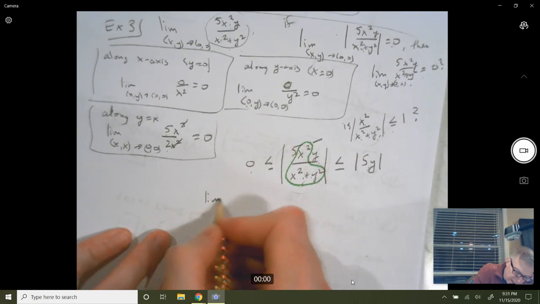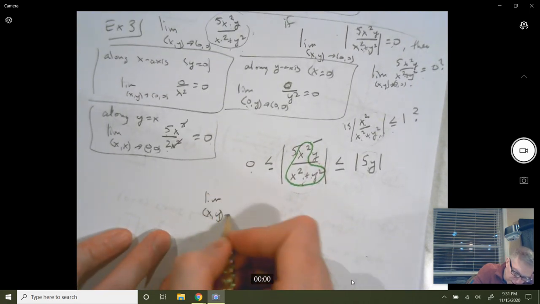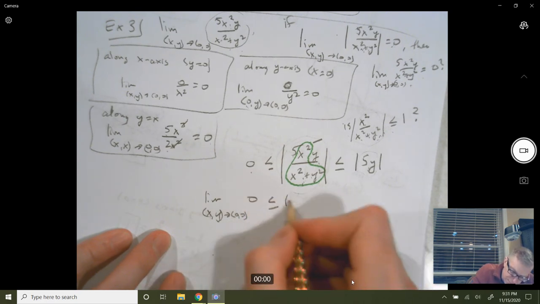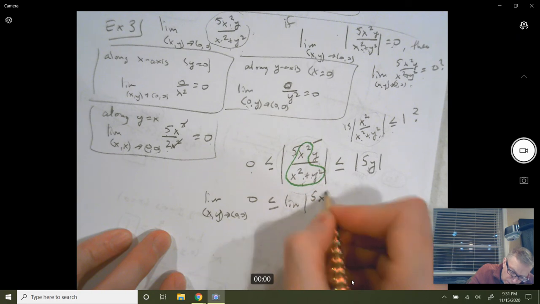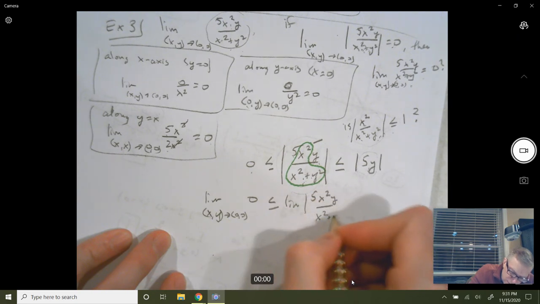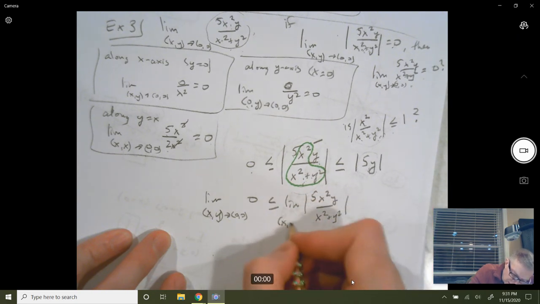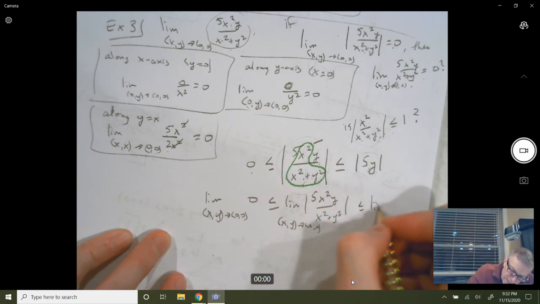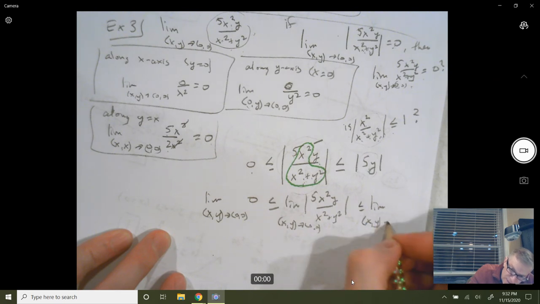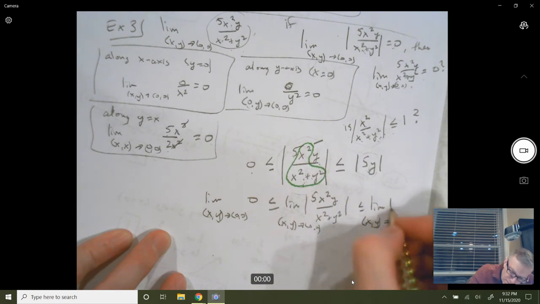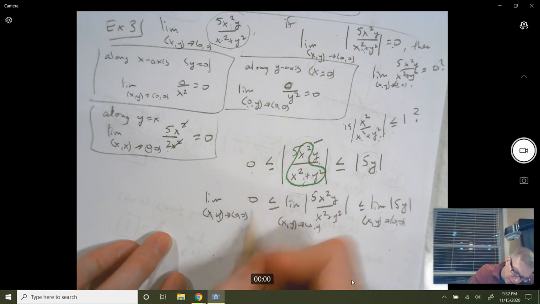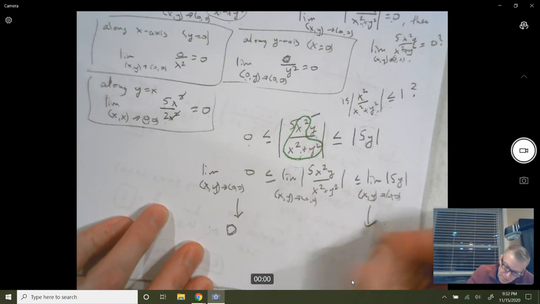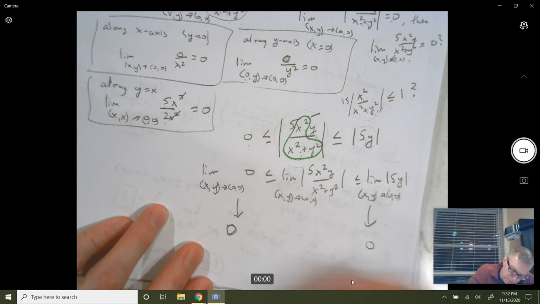The limit as (x,y) approaches (0,0) of 0 is less than or equal to the limit of 5x squared y over x squared plus y squared as (x,y) approaches (0,0), which is less than or equal to the limit as (x,y) approaches (0,0) of 5y. Well, this limit equals 0. Plug in the 0 for y, it equals 0.